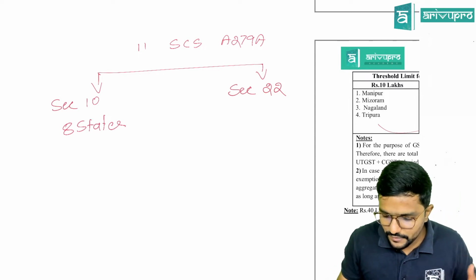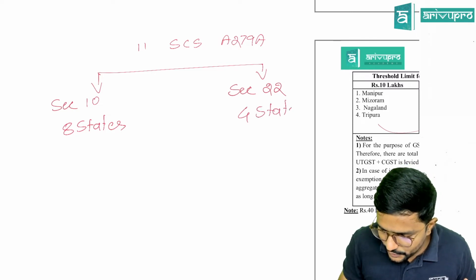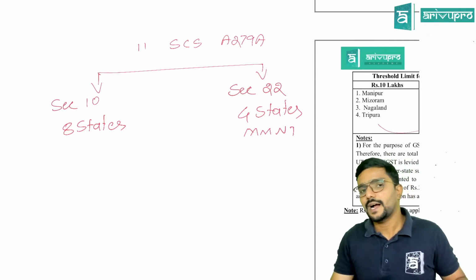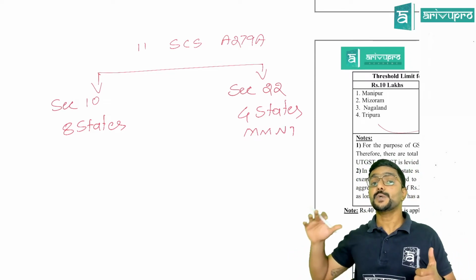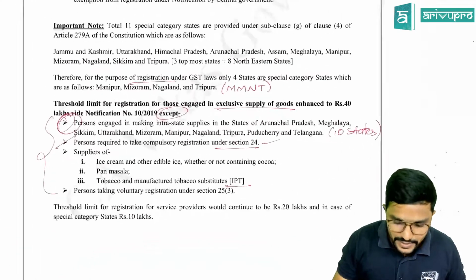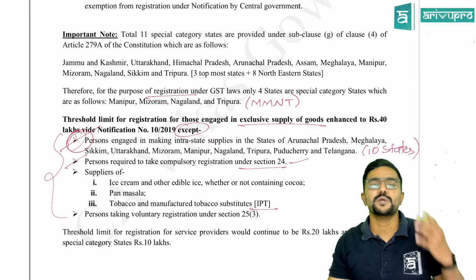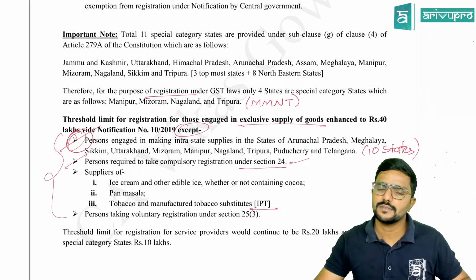Okay? And for section 22, they have taken only 4 states. And it is easy to remember: MMNT. Okay, sir. And here, in the first bullet point, they have totally excluded 10 states, guys. So it might be difficult for you to remember exactly which states are covered.